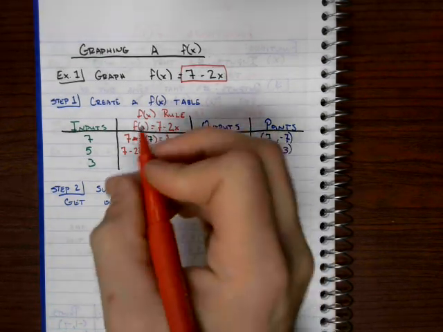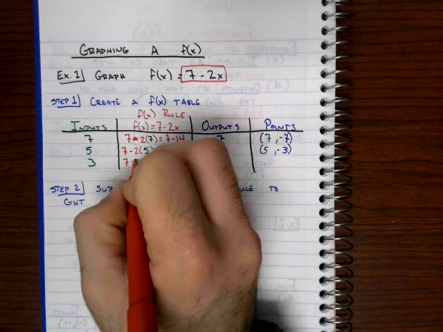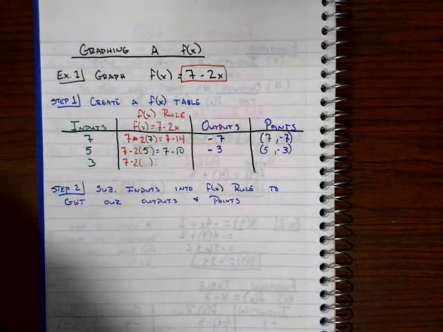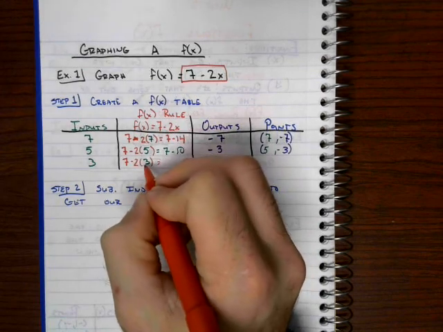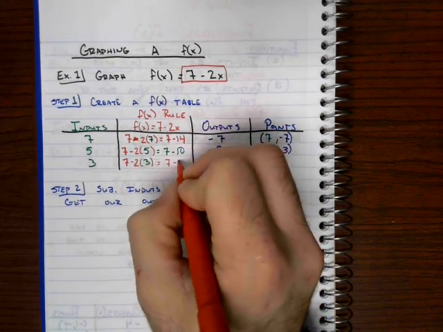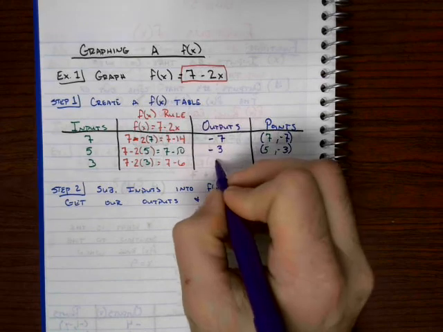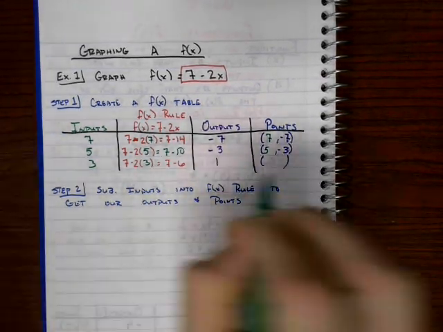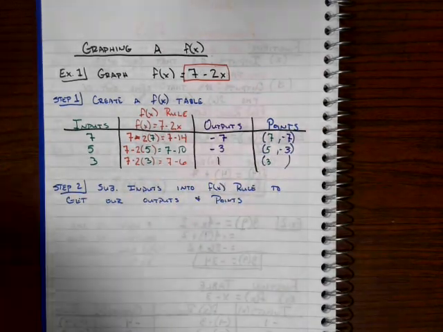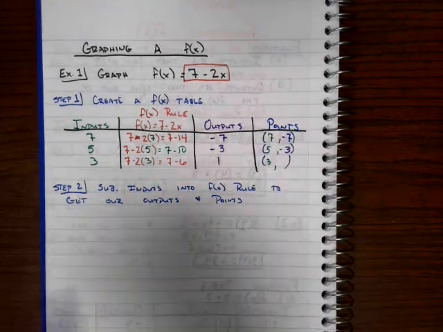And the last one, 7 minus 2 parentheses, my 3 goes inside of here. 2 times 3 is 6, so 7 minus 6, which is positive 1. So my point would be 3, comma, 1.